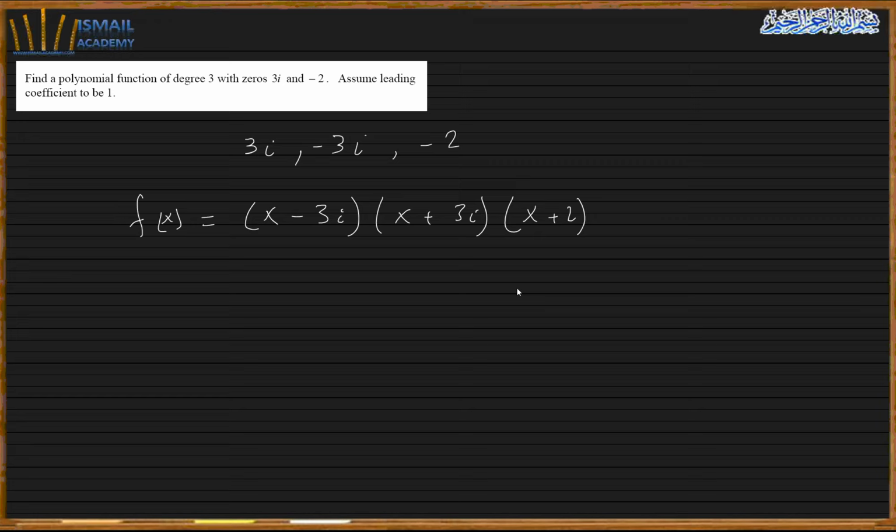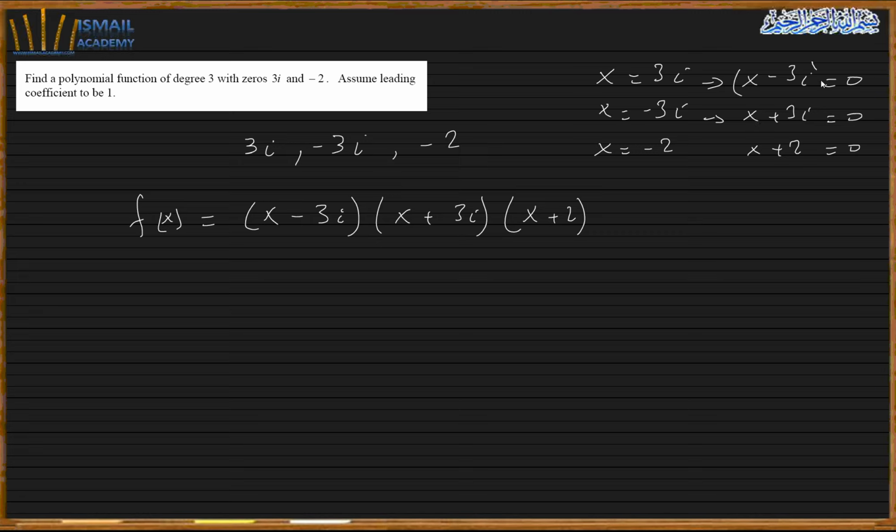How can I get this right away? I have three zeros, so x equals 3i, x equals minus 3i, and x equals minus 2. You move the number next to the x, so x minus 3i equals 0, x plus 3i equals 0, and x plus 2 equals 0.